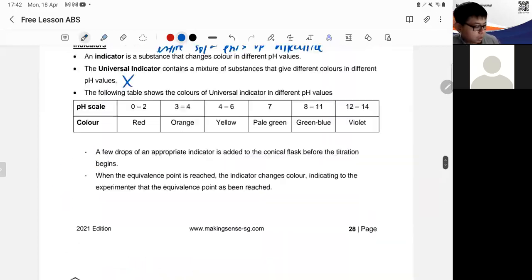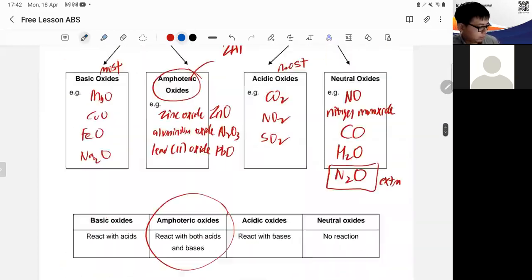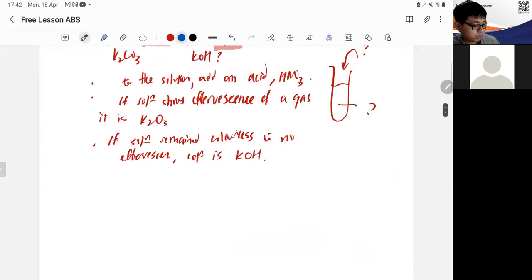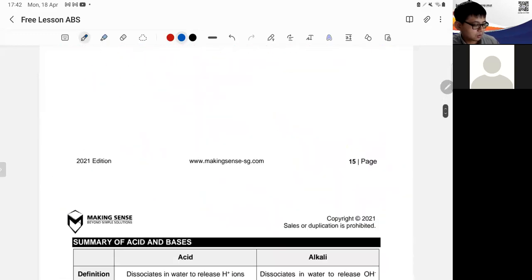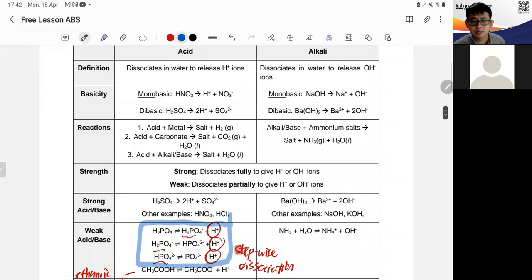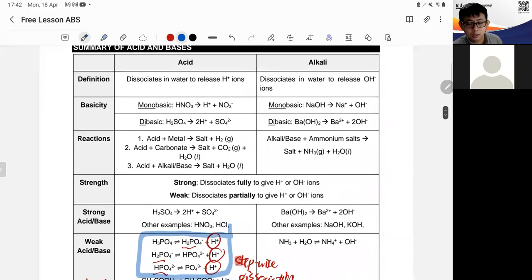Okay, so just a quick recap today. What have we learned? Where are we? All the way up there, so many pages. Okay, we have learned a few things. We learned acids and bases, alkalis as well. So what are some terminology? What's the difference between a strong acid, a weak acid, strong base, weak base? What is monobasic? What is dibasic? What are some reactions, common reactions of acids, common reactions of bases?